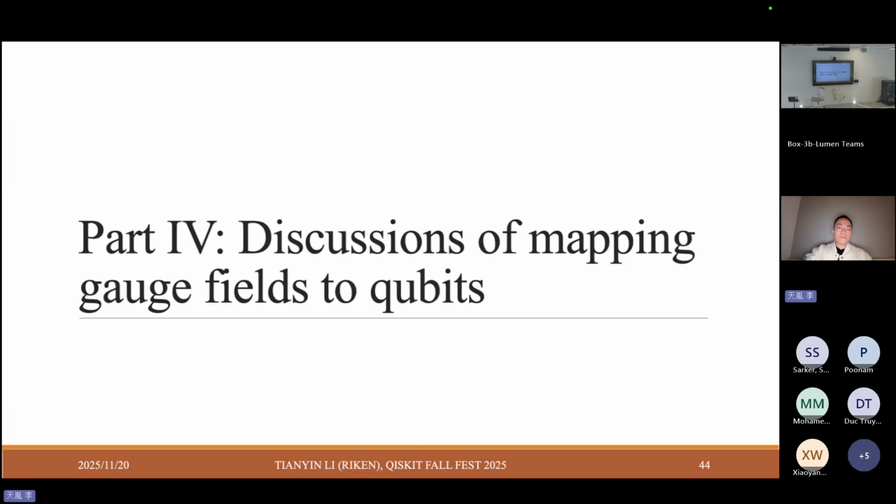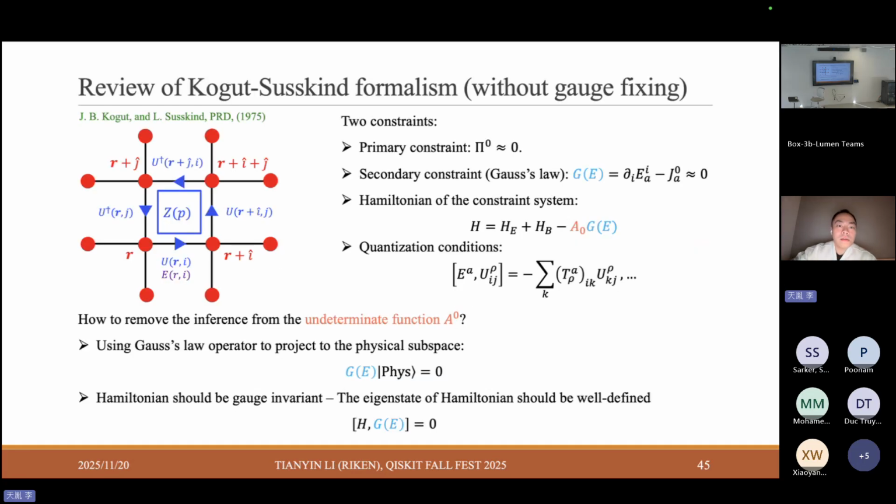In the final part, I will discuss how to map the gauge fields to qubits. Nowadays, the most popular method to regularize the gauge fields on a lattice is the Kogut-Susskind formalism.